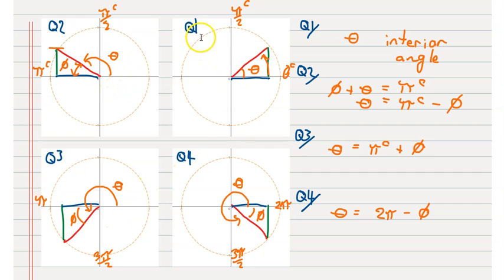So notice that for quadrant 1, the interior angle is the same as the angle that we're fanning our triangle about, but for quadrant 4, the interior angle phi is different to the exterior. And to derive the exterior, we simply use the equation theta equals 2 pi minus phi.